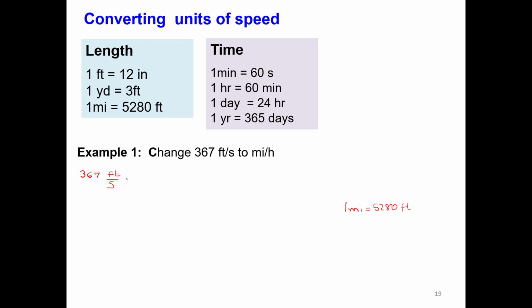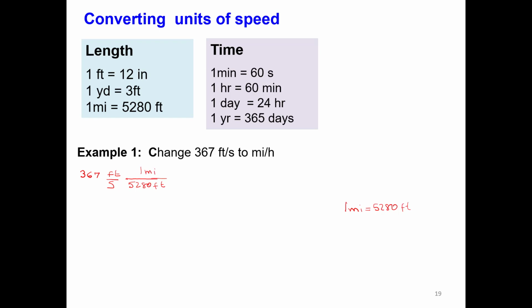Because we want miles, we need to cancel out the feet. Feet is in the denominator, and I need to write the right number here. We have 5,280 feet in 1 mile.